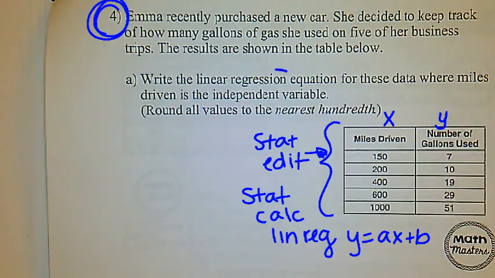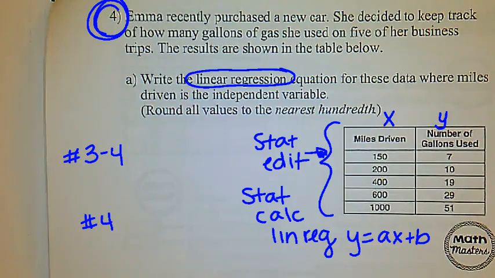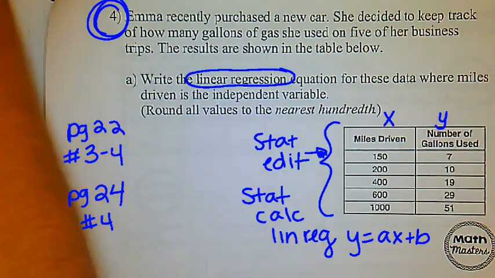Okay, so those are the steps you're going to do, so go ahead and try that. So just to recap, you are going to do numbers 3 and 4. Let me just check these pages. So this will be page 22, and this will be page 24. So that is your homework. Please try it in class.